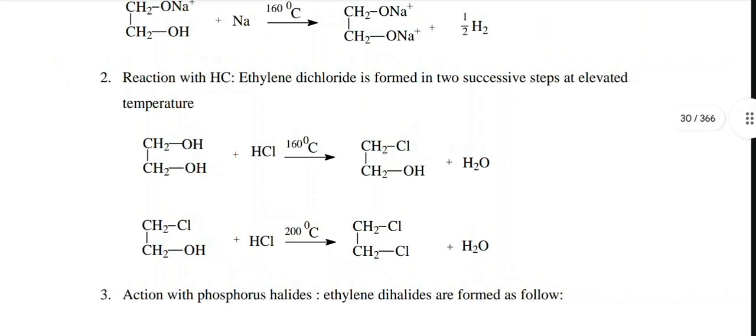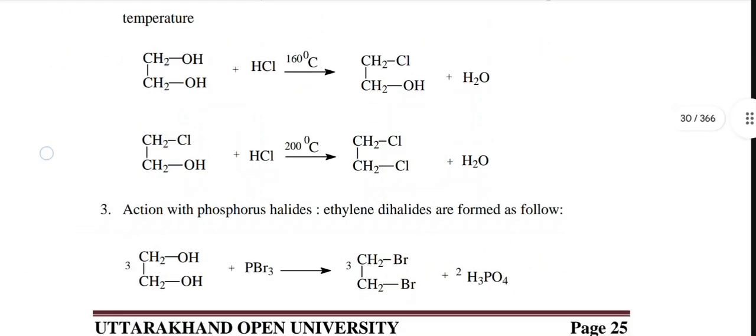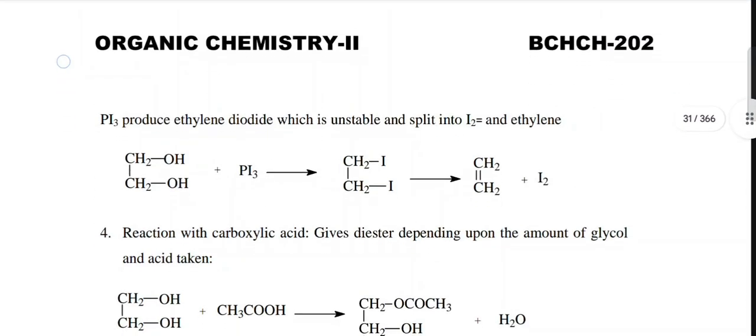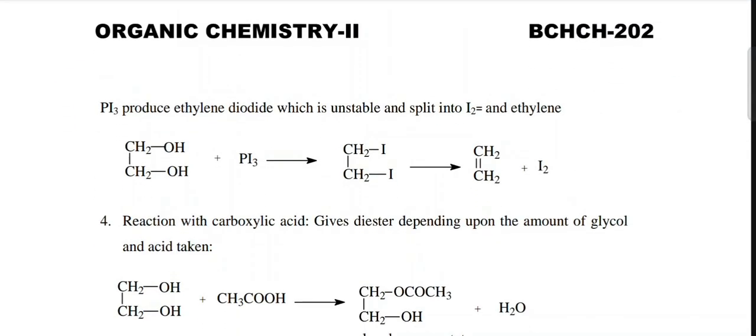Reaction with HCl: ethylene dichloride is formed in two successive steps at elevated temperature. Action of phosphorus halides: ethylene dihalides are formed. PI3 produces ethylene diiodide, which is unstable and splits into I2 and ethylene.